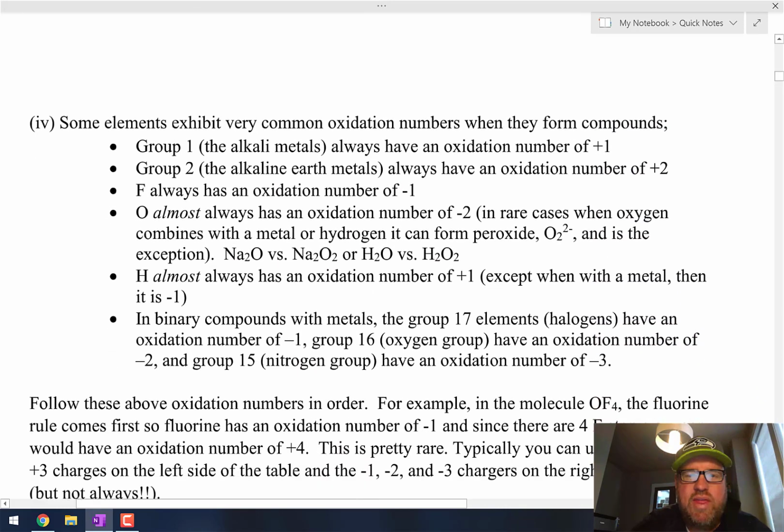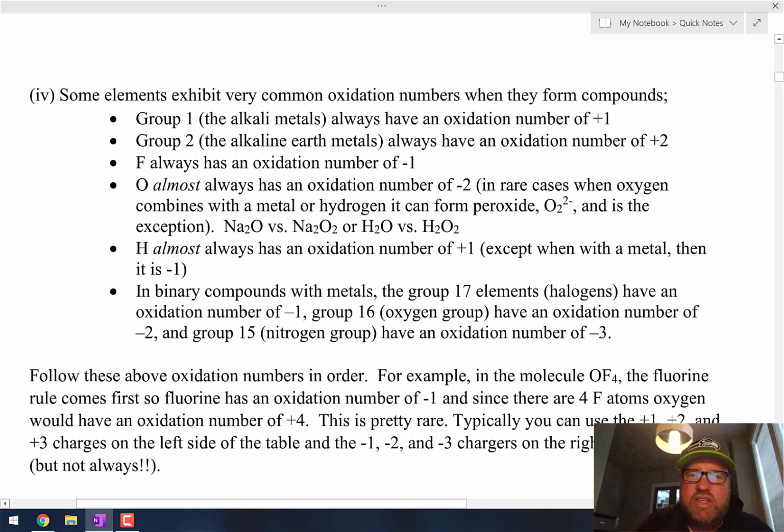So here's some of the other rules we already know. Again, follow these in order. And that's why it's kind of weird. But group 1 is +1, so hydrogen, lithium, sodium, potassium, etc. Group 2 is +2, so beryllium, magnesium, those ones. Fluorine is always -1. And again, the reason they put that there is because the fluorine rule comes before the oxygen rule, which means with OF2, the OF2 molecule, this rule comes first.